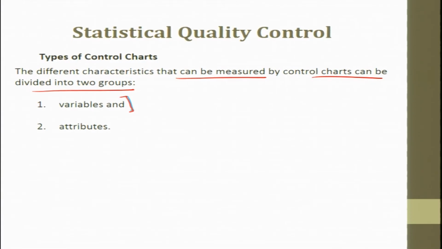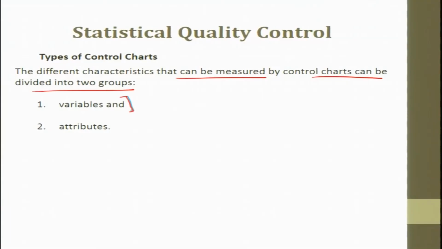Other examples may be the temperature of a baking oven, if we are doing some kind of experiments, the diameter of the pieces that we have manufactured, the size of the gear tooth. These are variables.